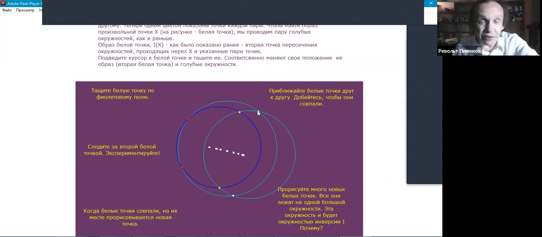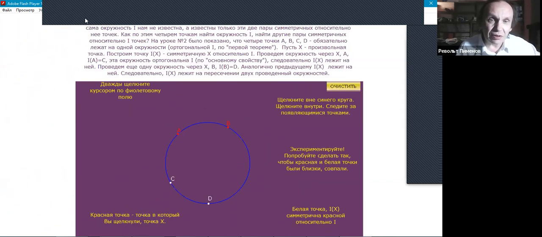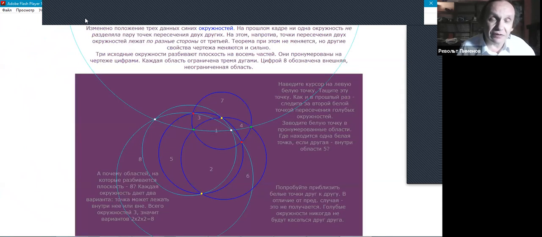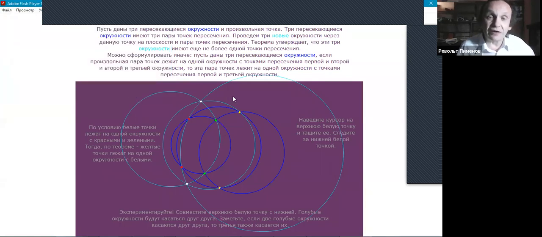I speak for one moment about this: we must be sure that such a definition is correct. We have one pair of symmetrical points, another pair of symmetrical points, and after this we find the symmetrical red points.